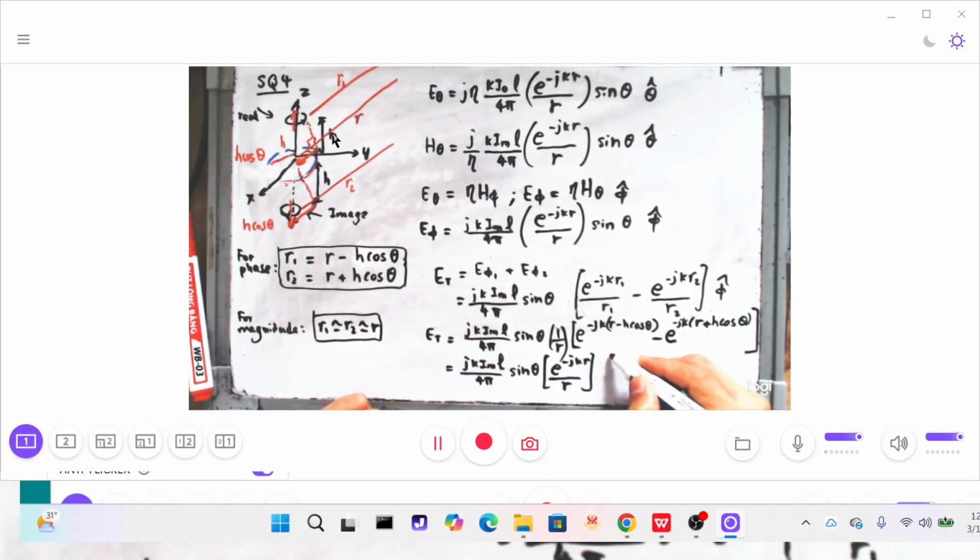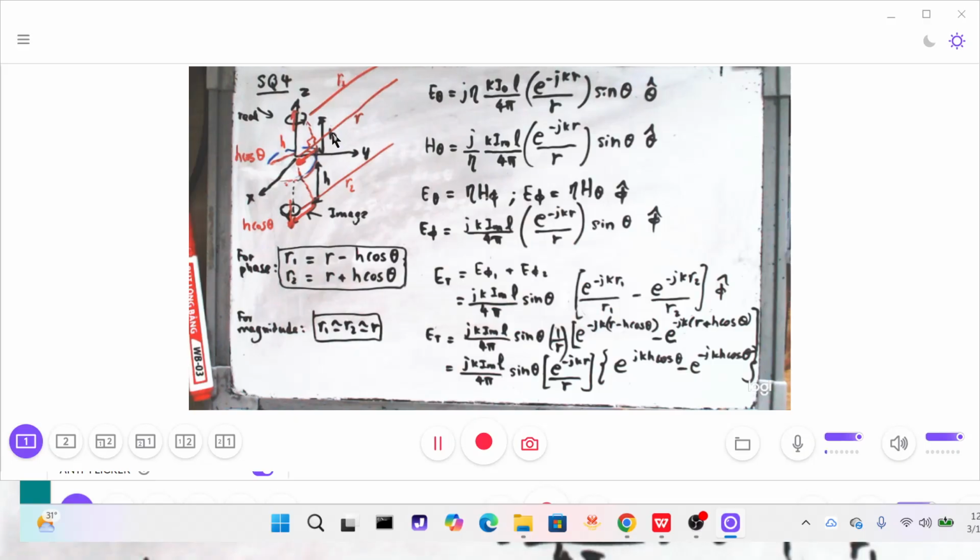And now this is very clear. e to the jkh cosine theta minus e to the minus jkh cosine theta. So I think you would agree this one will end up being a sine term.